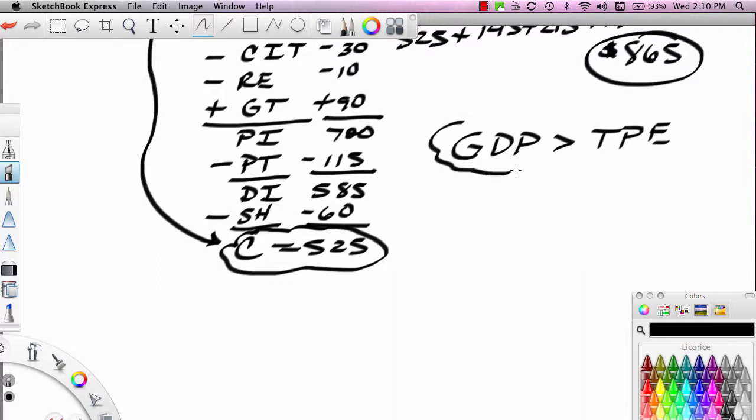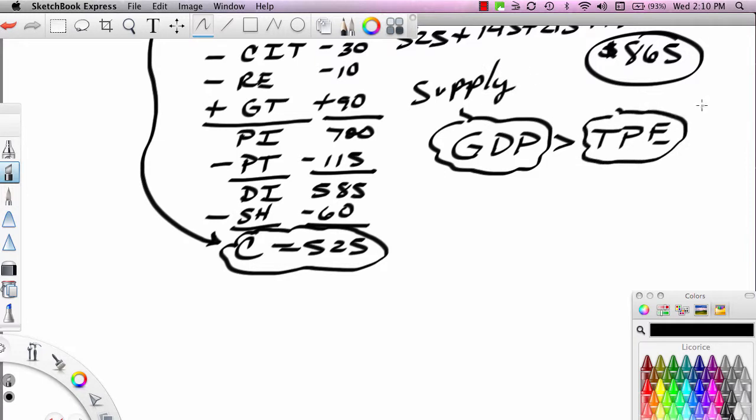Remember, GDP is our measure of aggregate supply. TPE is our measure of aggregate demand. So GDP this period is 880, and that's greater than TPE of 865.